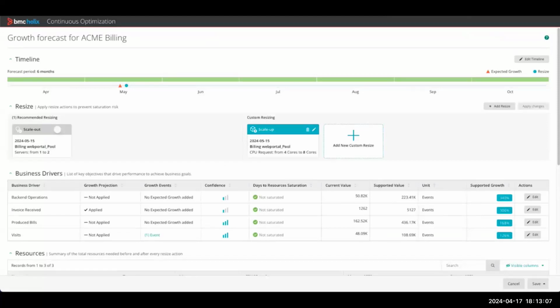Once you have those required capabilities in place, you will get improved service reliability, accelerated time to resolution, and you'll be able to prevent incidents and improve efficiency.